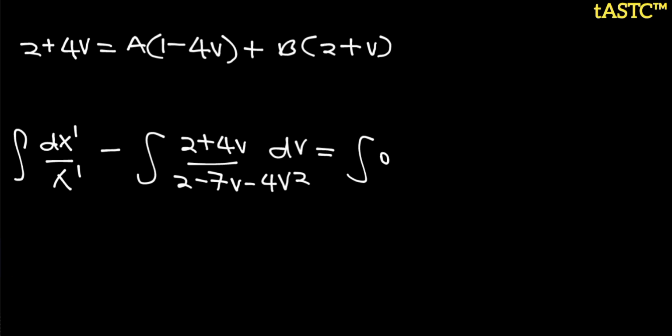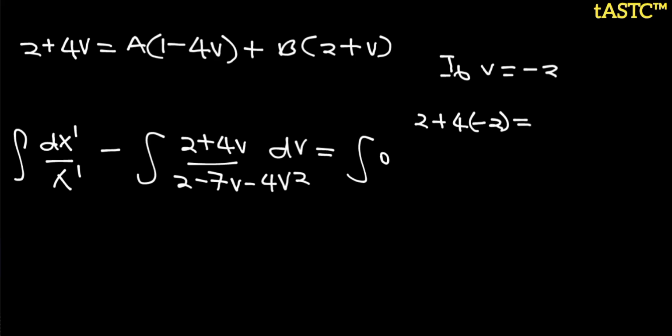Next up, we need to know what values of v we might use to make a disappear as well as b in succession. So let us start with the a. In order to find a, we need to make b get eliminated. And that is if you made v to be a negative 2, right? So if v is rather equal to a negative 2, that is going to be 2 plus 4 multiplied by negative 2.